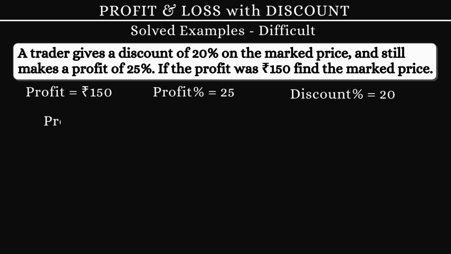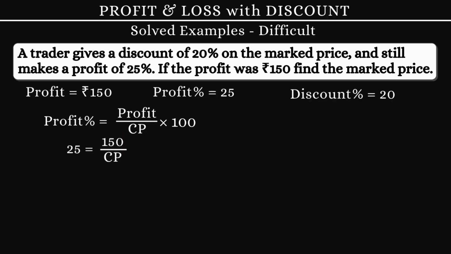We know that profit percentage is profit divided by cost price into 100. Since we have these two values, we can find the cost price. 25 is equal to 150 divided by cost price into 100. From here, we get the cost price is rupees 600.